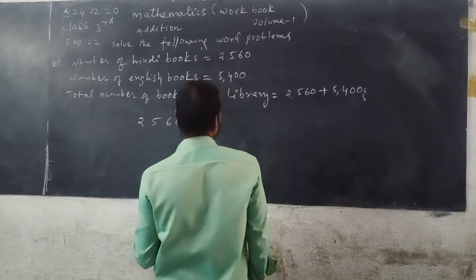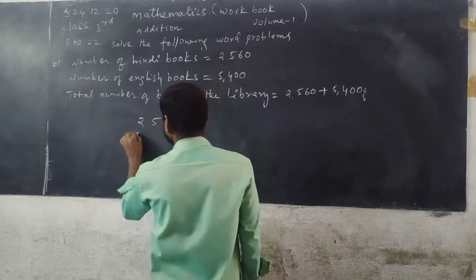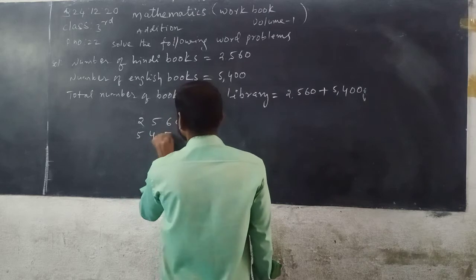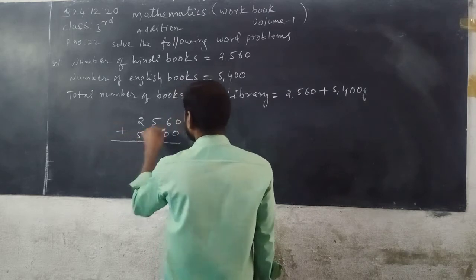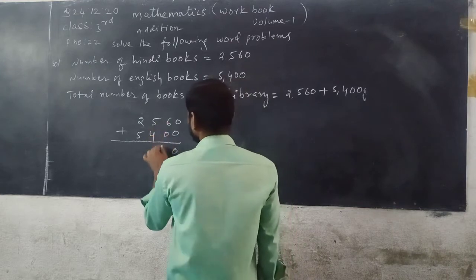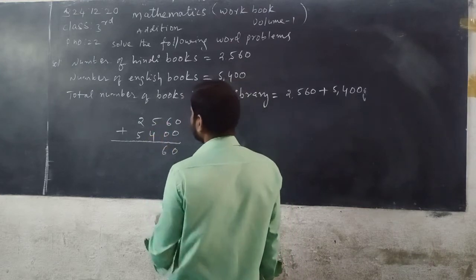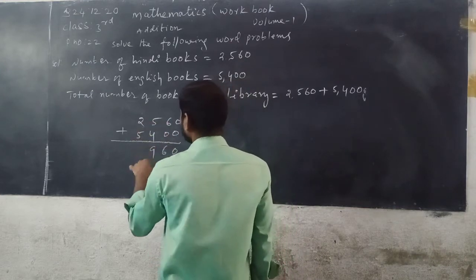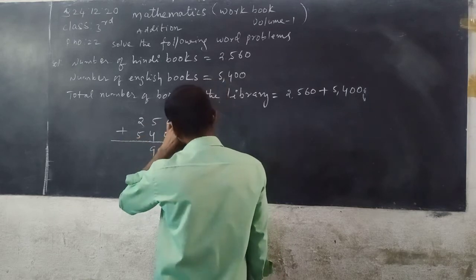First, write the given numbers in column form according to their places. First add the digits in the ones place: 0 plus 0, 0. Next the tens place: 6 plus 0, 6. Next the hundreds place: 5 plus 4, 9. Next the thousands place: 2 plus 5, 7.